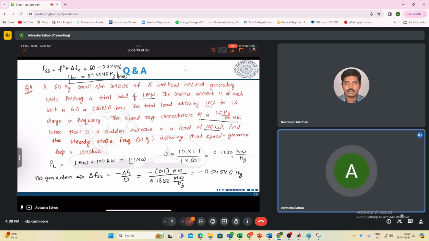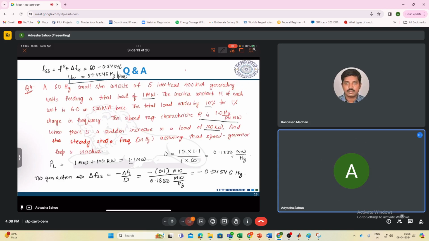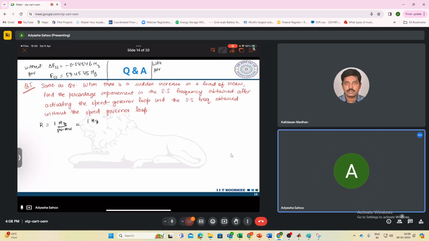Yeah, it is 500 kVA base, right? So that means that will be megawatt. That will give us 0.5 hertz per megawatt.